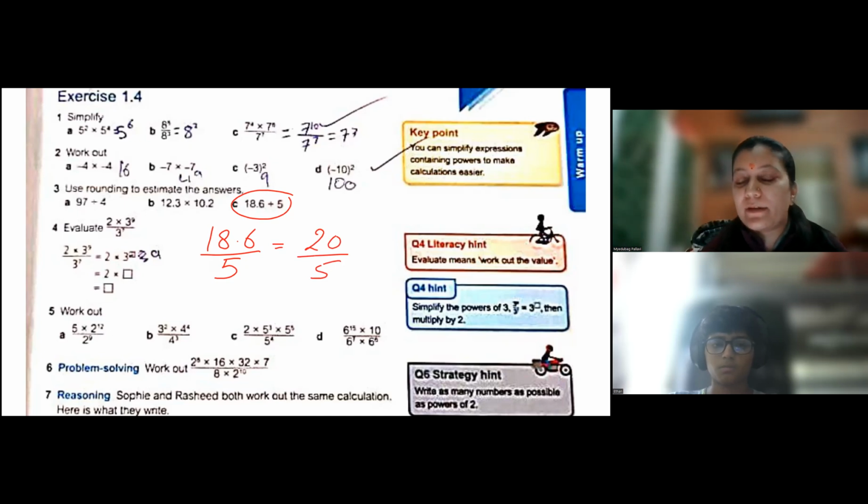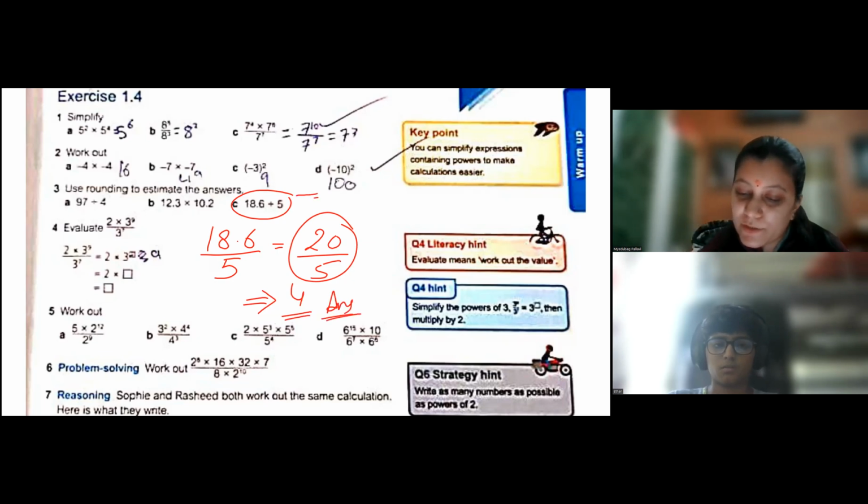If we compare dividing 18.6 by 5 and dividing 20 by 5, it's easier to solve this, no? Because 20 is a multiple of 5. What will we get, 20 divided by 5? 4. Correct. So 4 will be our estimated answer.